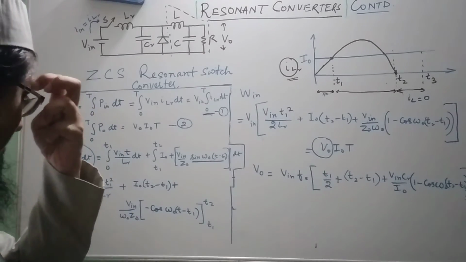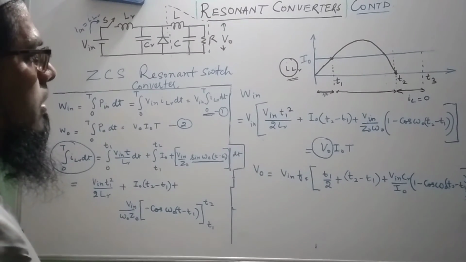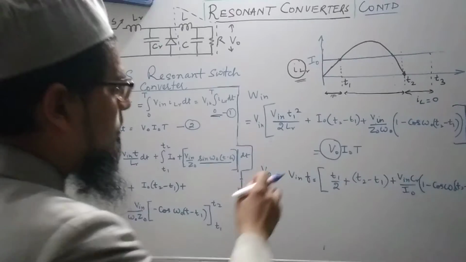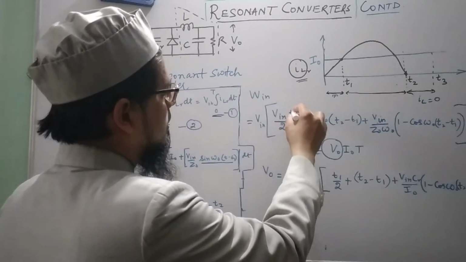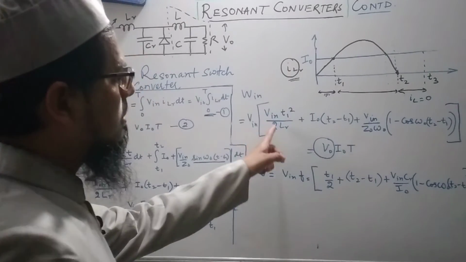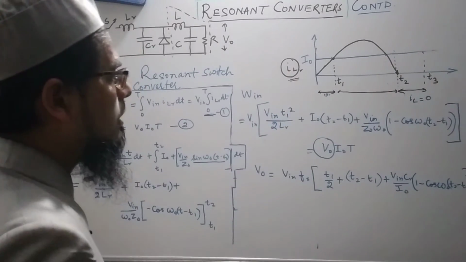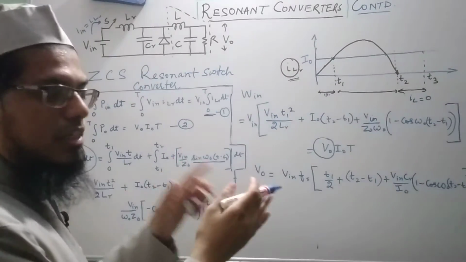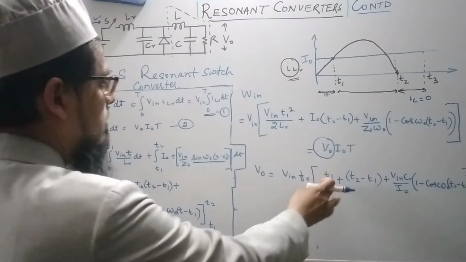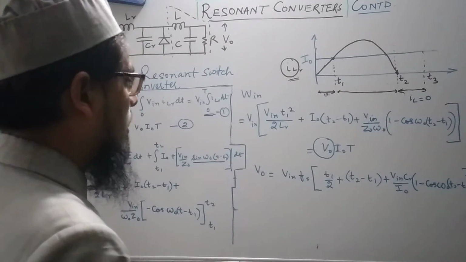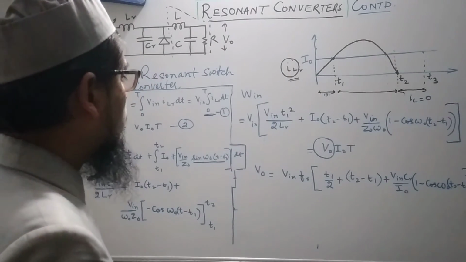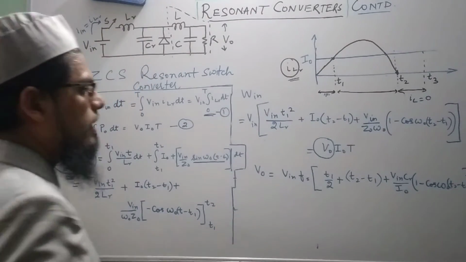Okay, fine. I have just replaced V in T1 by Lr. This value can be replaced by the relation in mode 1. Mode 1 relation, see those relations and you can replace it V in from there and you can get this value. Okay. So now this is the equation.